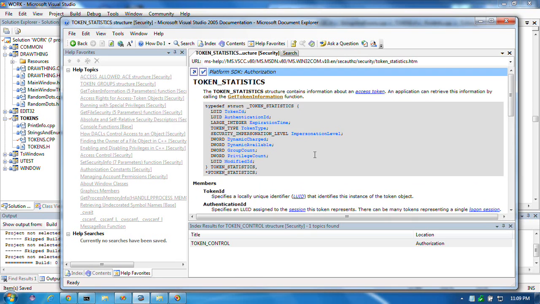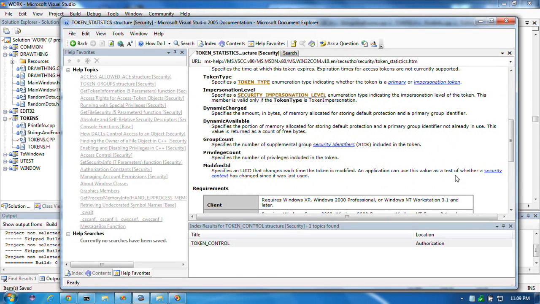The modified ID, if a security context changes since the last time it was used, specifies an LUID, it changes each time the token is modified.